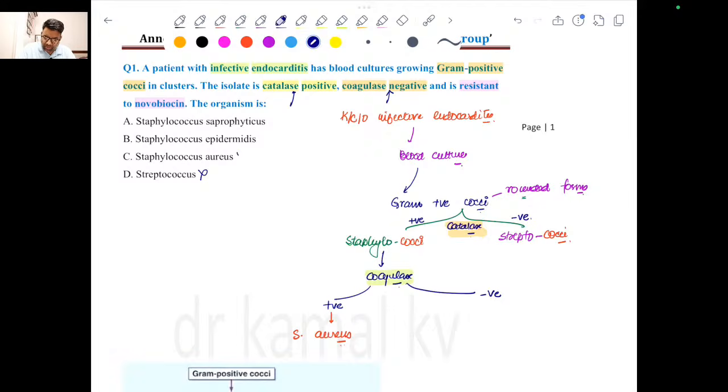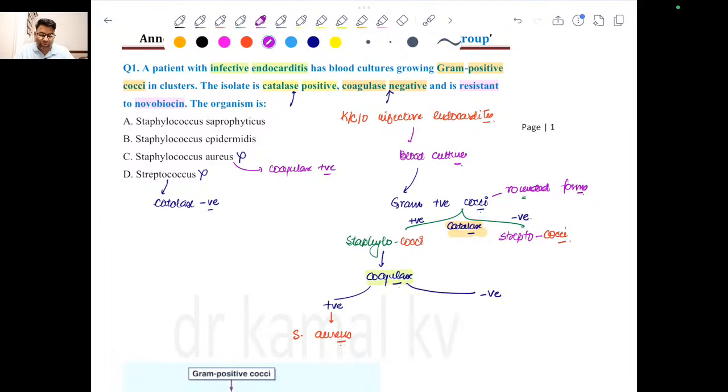So we can exclude this one. So catalase positive, streptococci eliminated because they are catalase negative. Then the question is coagulase negative, so we can exclude Staphylococcus aureus also.